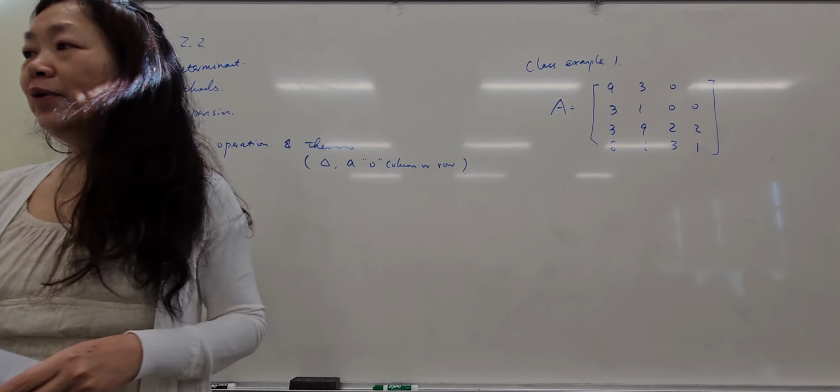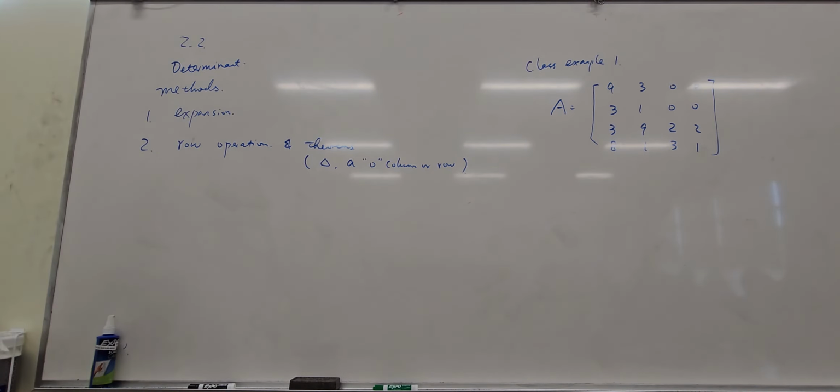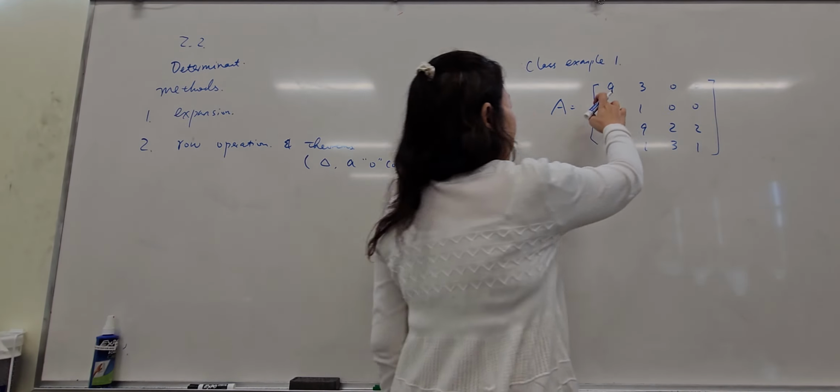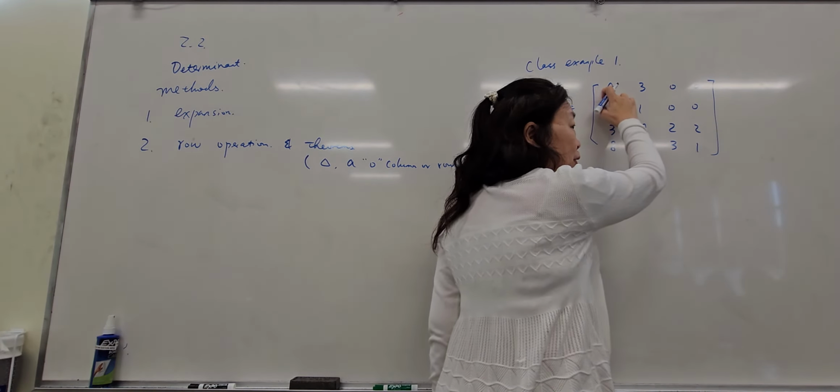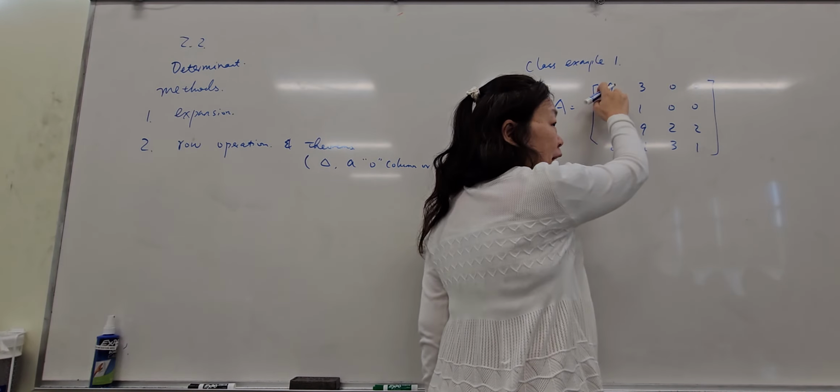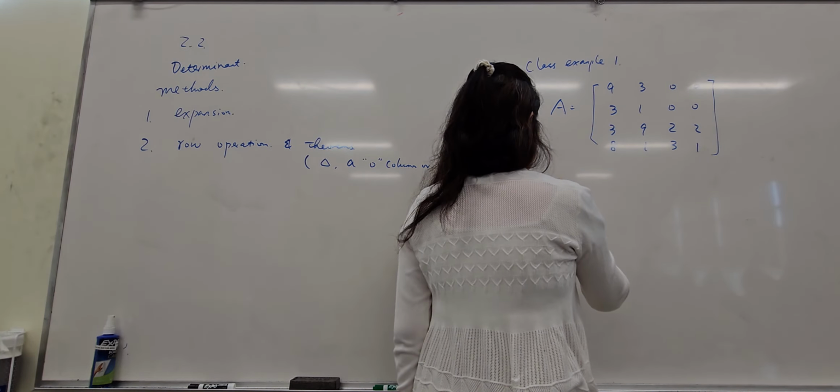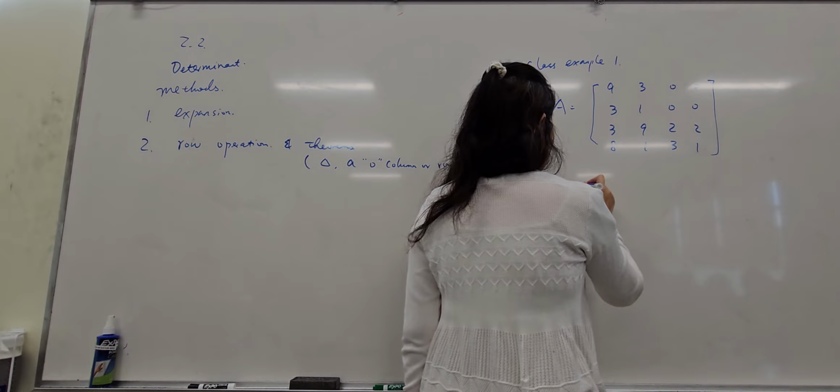I said find the determinant. Now when you find the determinant, don't write this anymore. This is a matrix notation. When you find a determinant, you gotta take away that notation, okay? Or you can just go determinant A.